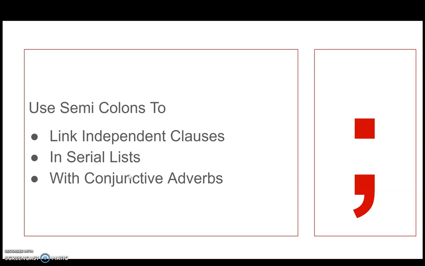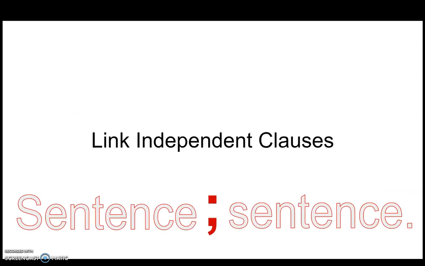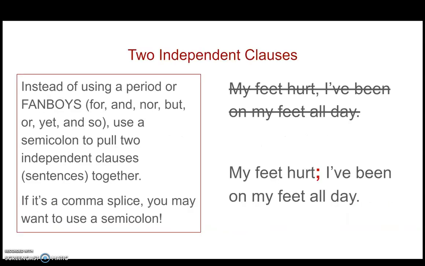You can use it to link independent clauses, you can use it in serial lists, and you can use it with conjunctive adverbs. This one, the independent clauses, should be familiar to you because it's from the run-on sentences question. This is when you have 2 independent clauses or complete sentences butted up against each other.